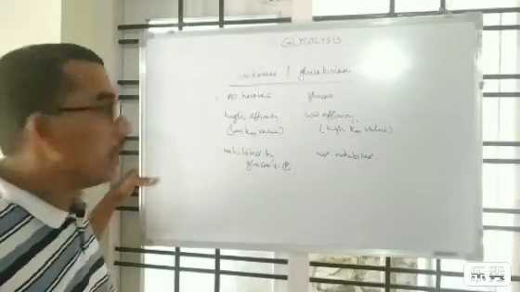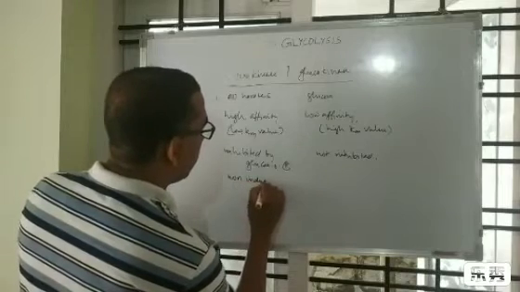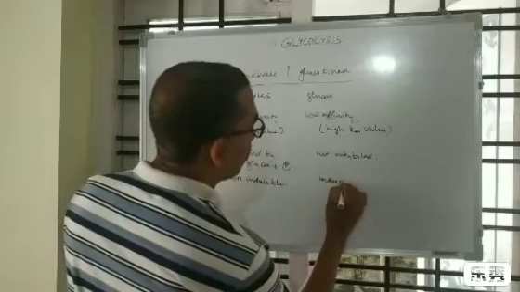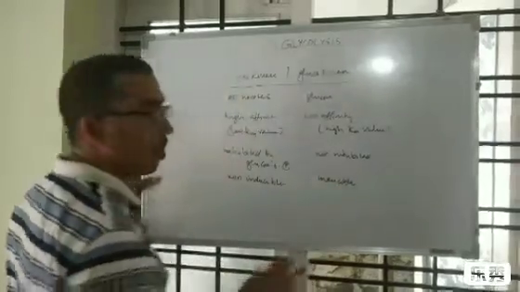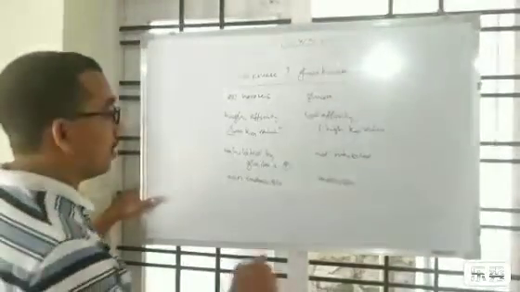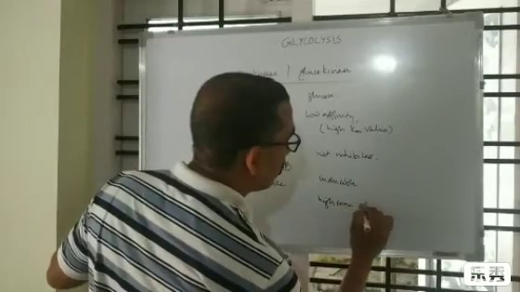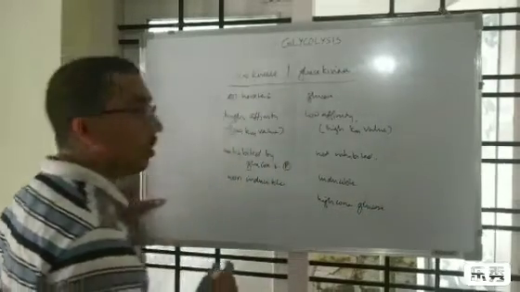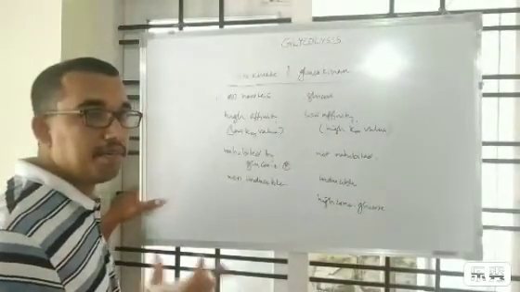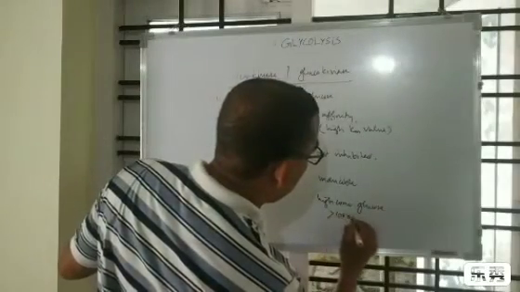Hexokinase is a non-inducible enzyme. Glucokinase is an inducible enzyme. It is produced only when it is required. It acts only at high concentrations of glucose, when the glucose concentration in our blood is high, that is after a high fat diet, above 100 milligram per dl.